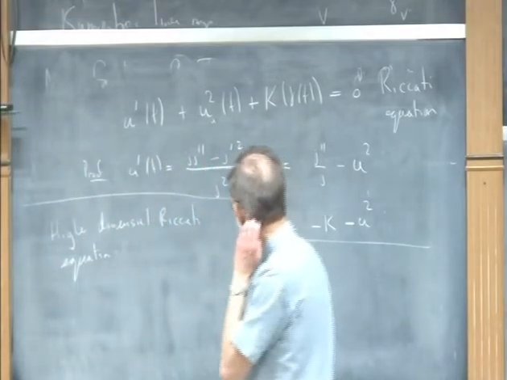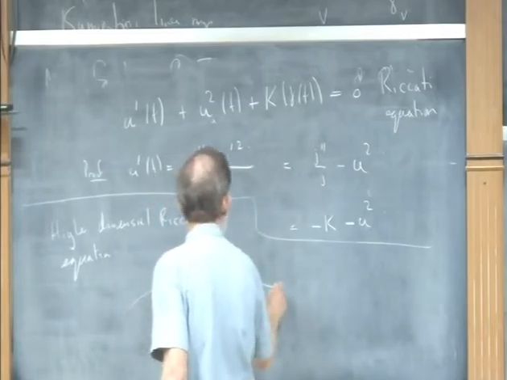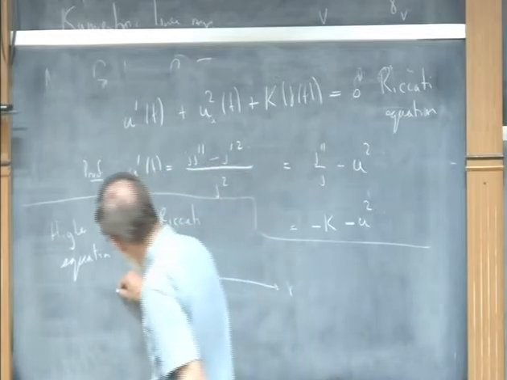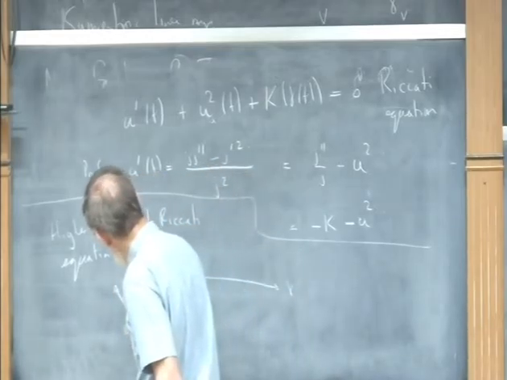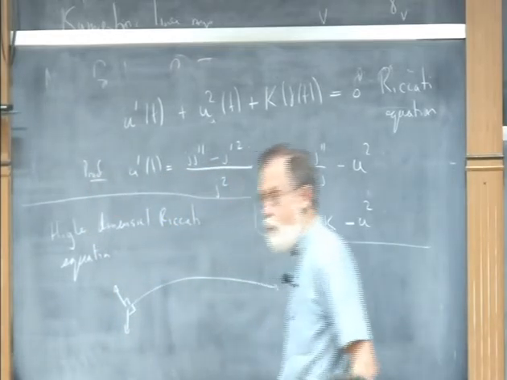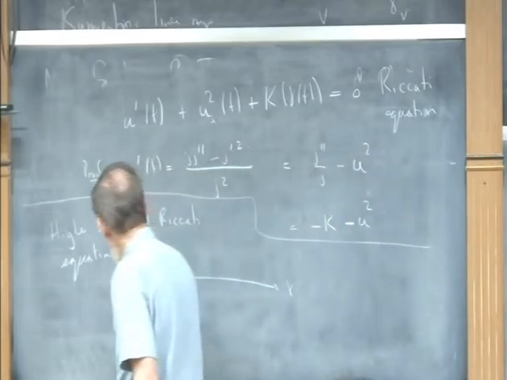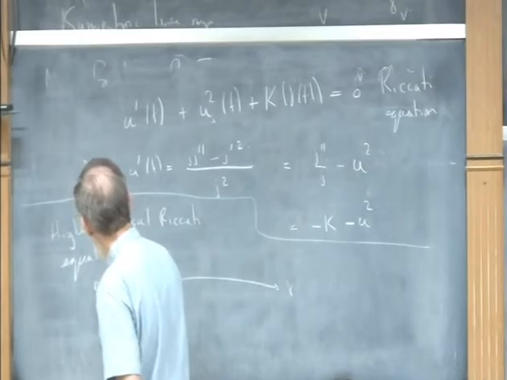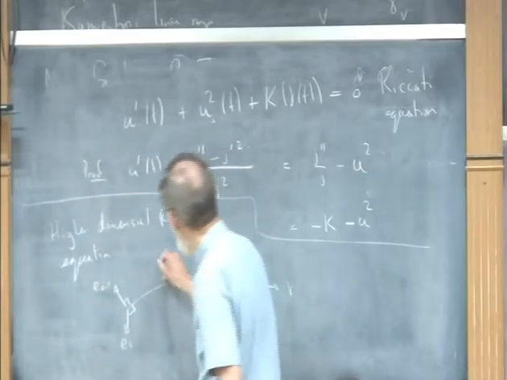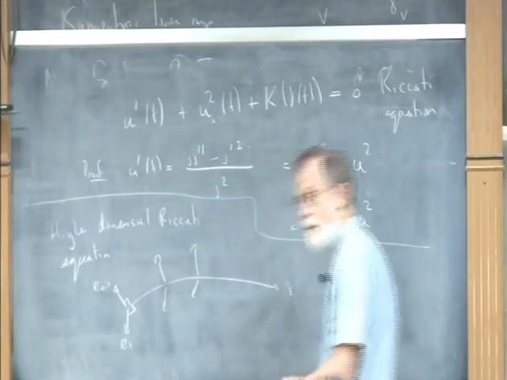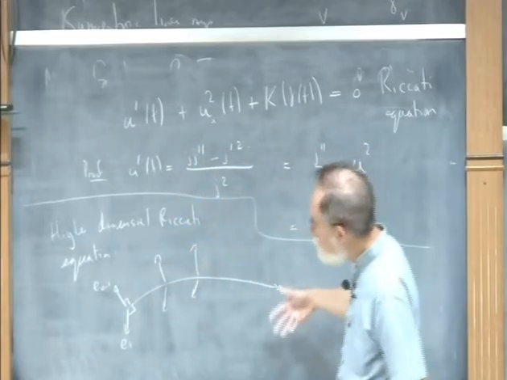What you do is you think of your geodesic in higher dimensions, and then you pick an orthonormal basis for the orthogonal complement, say E1 up to En minus 1, and you parallel translate that along the geodesic.